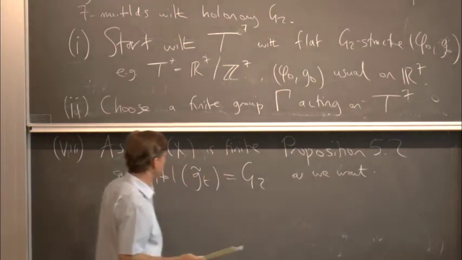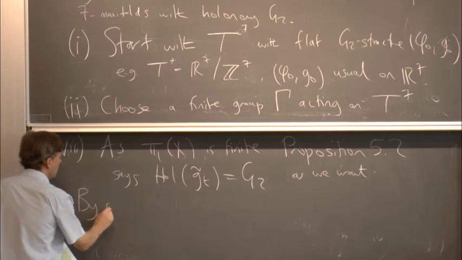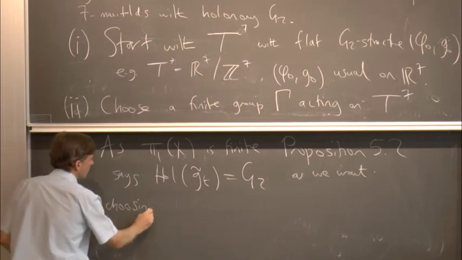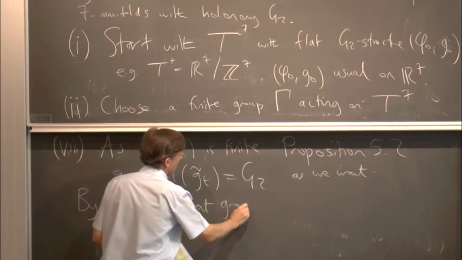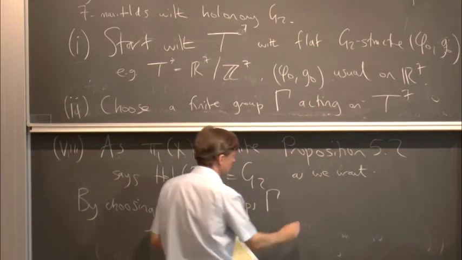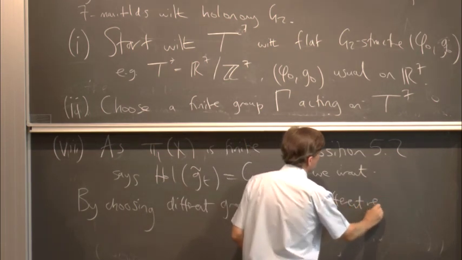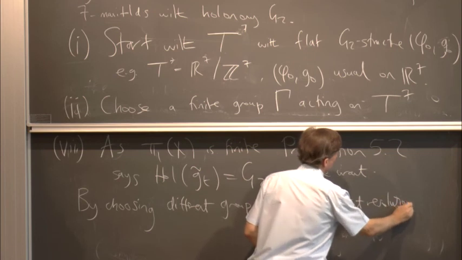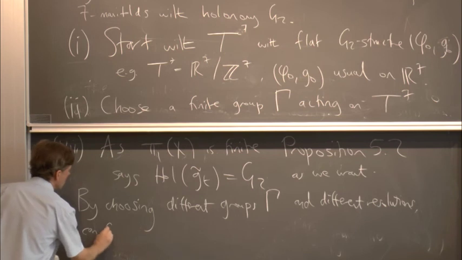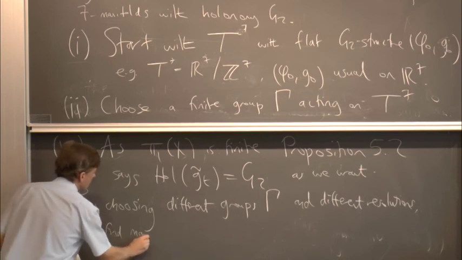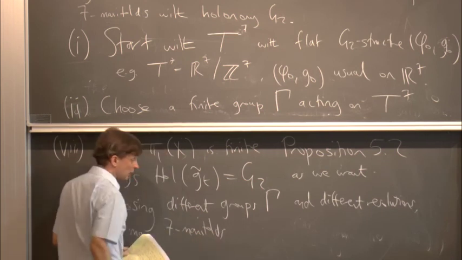Okay, so by choosing different groups gamma and different resolutions, you can find many 7-manifolds with holonomy G2.